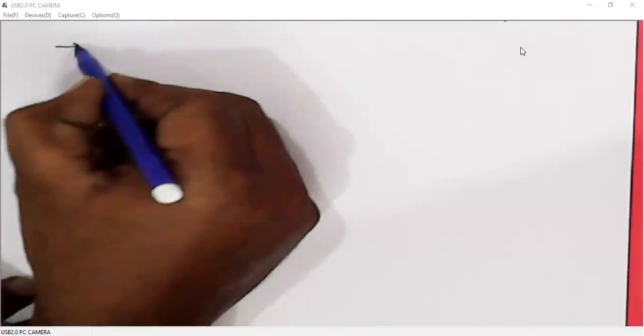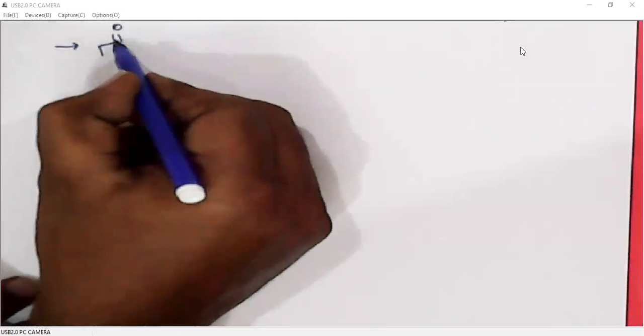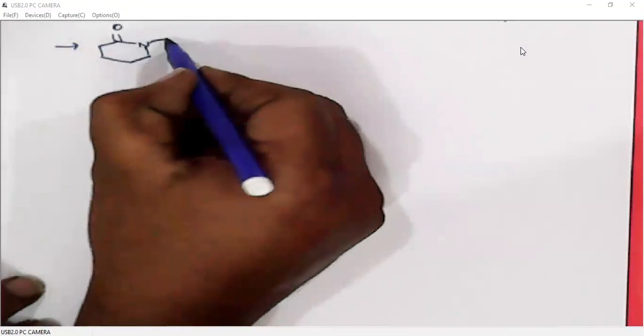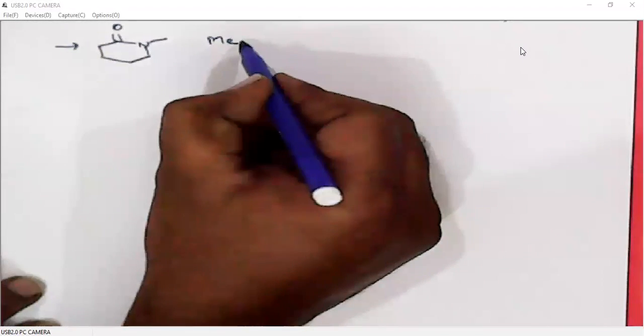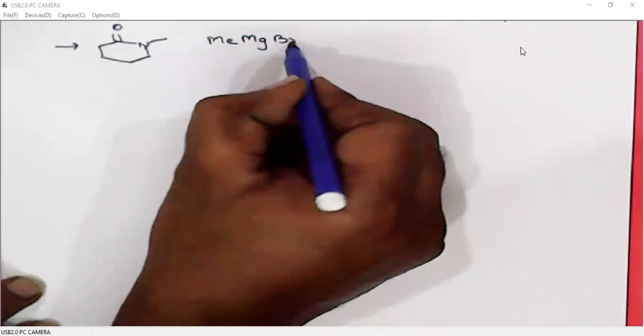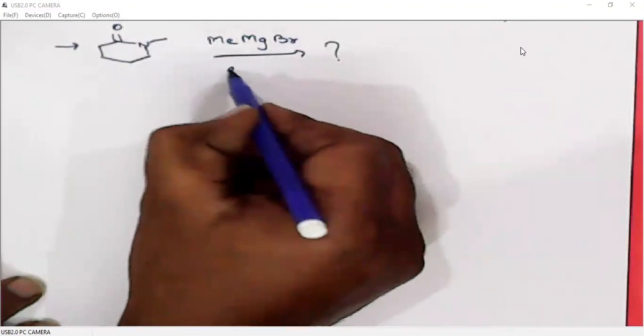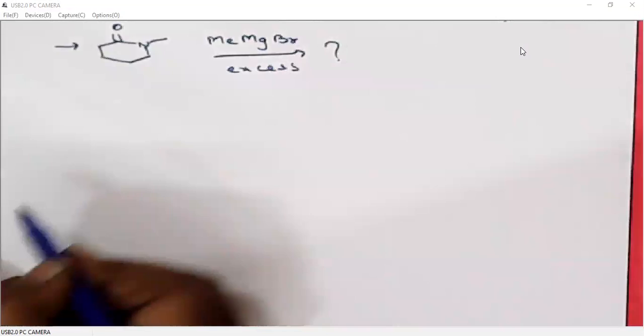Give the products in these reactions. When this lactam is treated with excess of methyl magnesium bromide, what is the product?